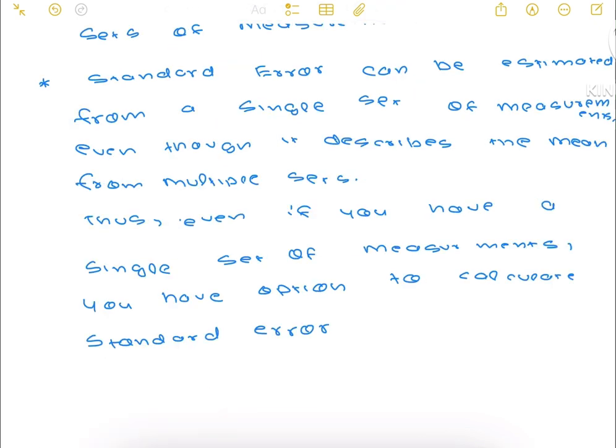But keep it in your mind and don't think a lot about this, that standard error can also be estimated from a single set of measurements. Even though it describes the mean from multiple sets, if you have a single set of measurements, then you are often given the option to estimate the standard error.